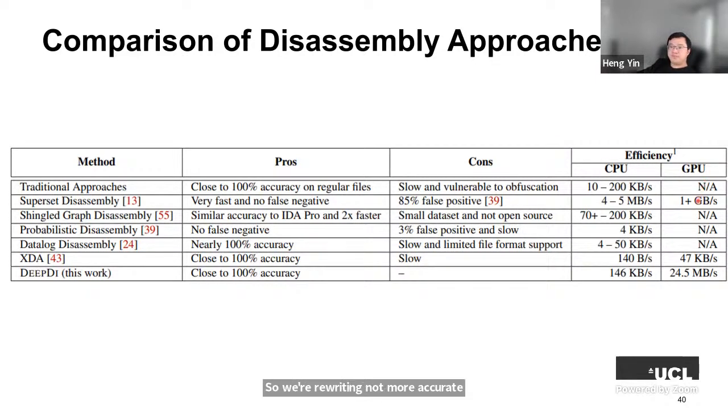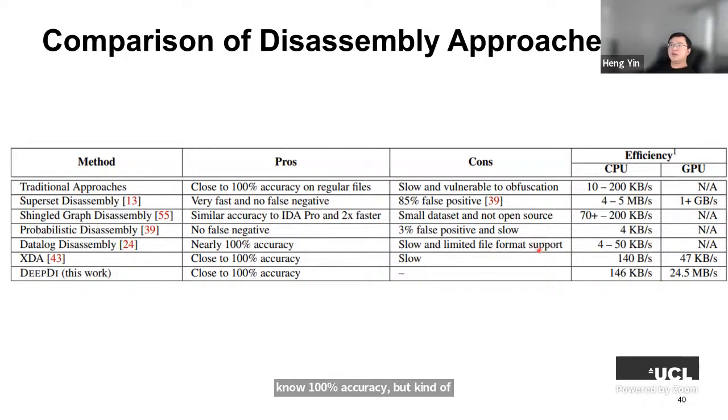And then there are probabilistic disassembly and Datalog disassembly, which were published recently. For example, probabilistic disassembly has almost no false negatives and a few false positives, but it's kind of slow, only 4 kilobytes per second. Datalog disassembly has about 100% accuracy, but is also kind of slow.